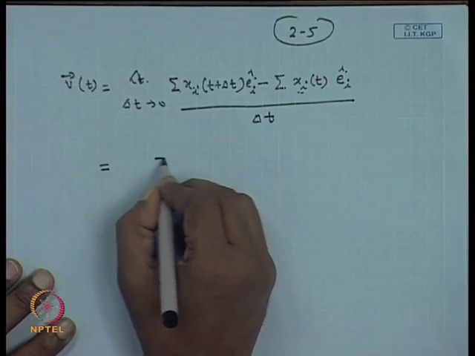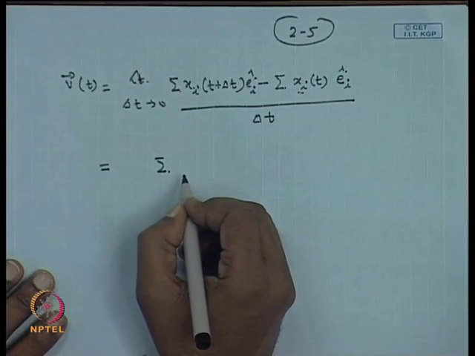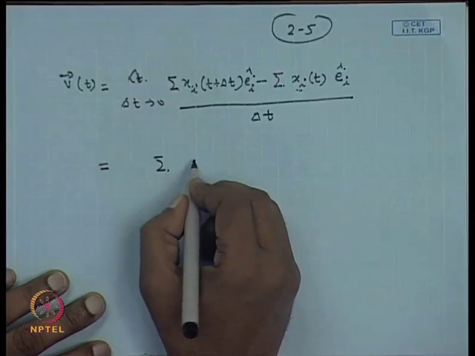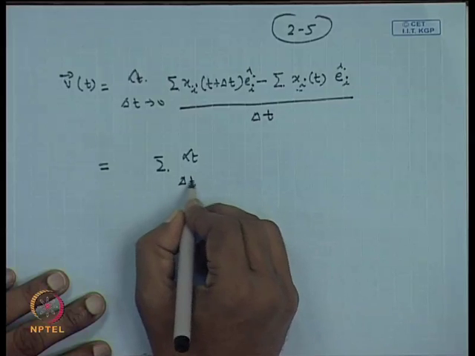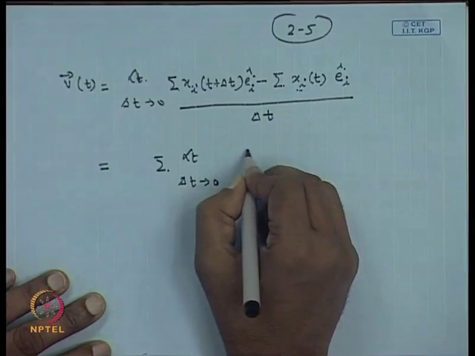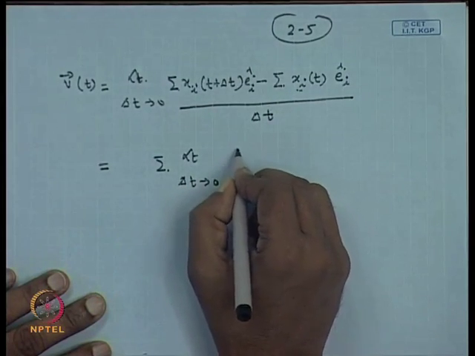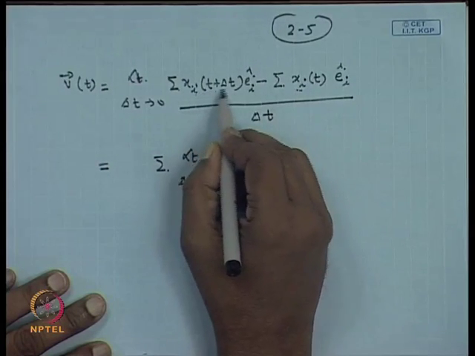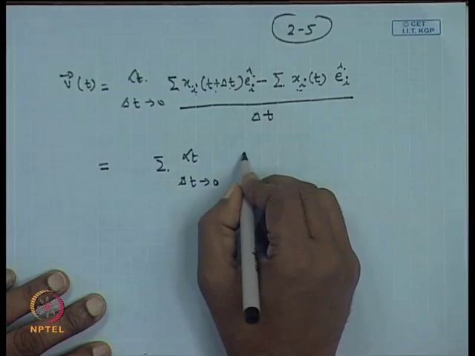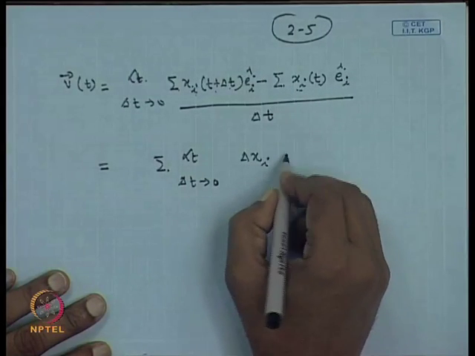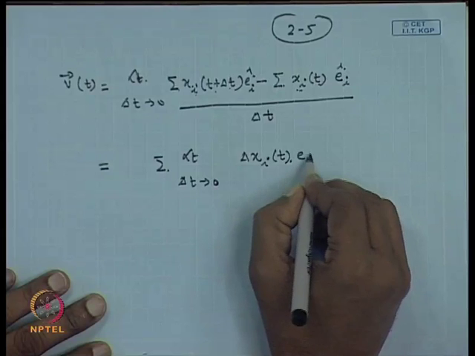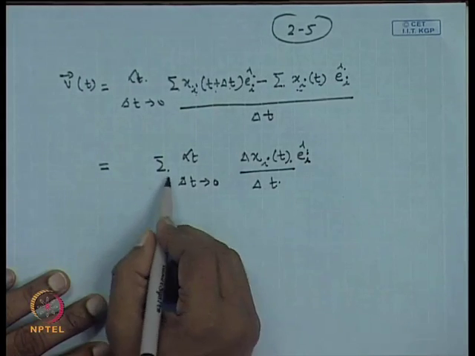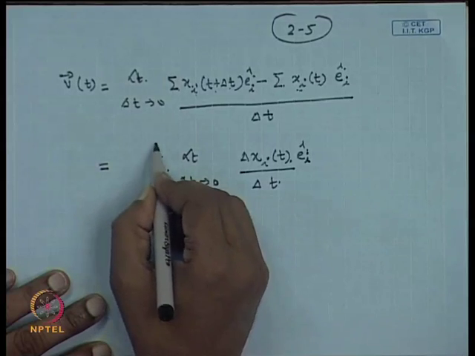So, therefore, this can be written as summation can be taken outside, and we can write limit delta t tends to 0, and this will be, if we subtract x i t plus delta t minus x i t, we can write this as delta x i t times E i cap divided by delta t, and then summation is over obviously i equal to 1 to 3.